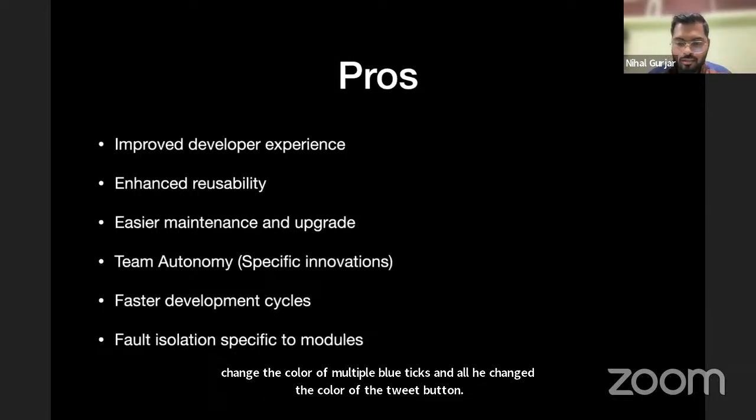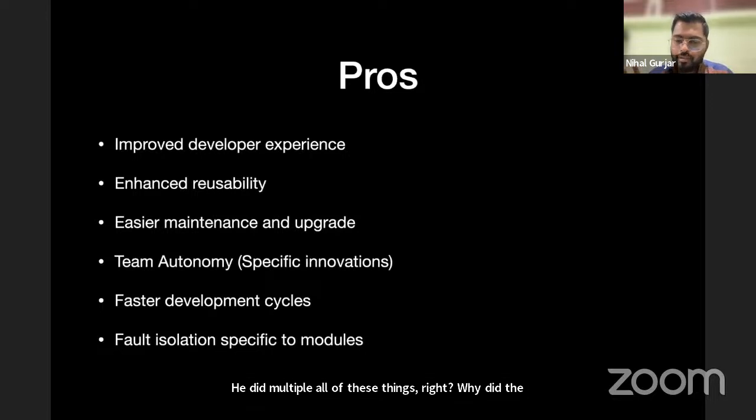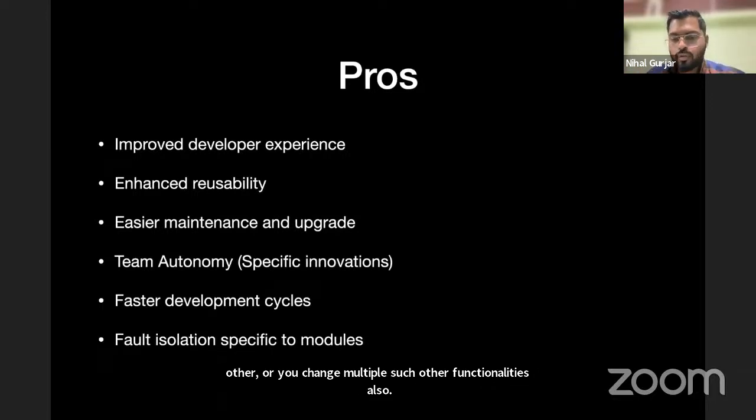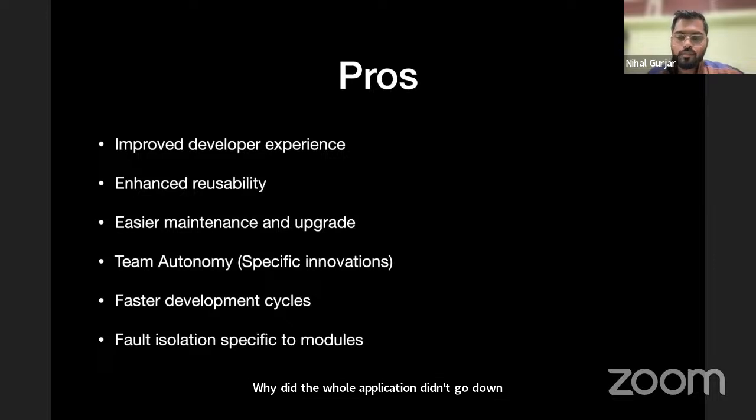Why did the whole application not go down? Because he was upgrading that specific module, the specific micro frontend of that application, and then deploying it. So only that specific module was getting updated, and you can do any kind of innovations you want independently for a specific module, right?